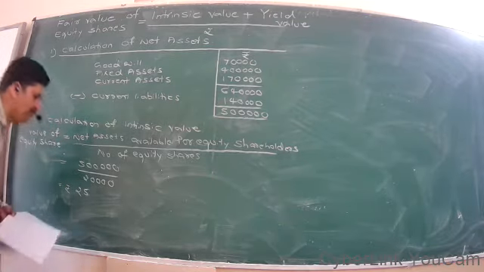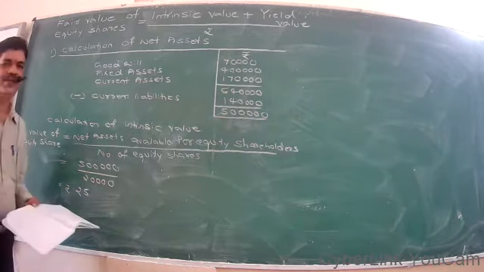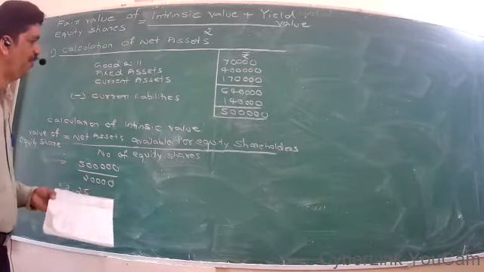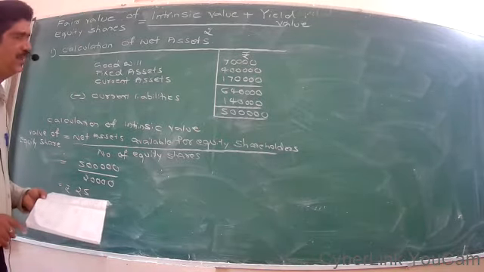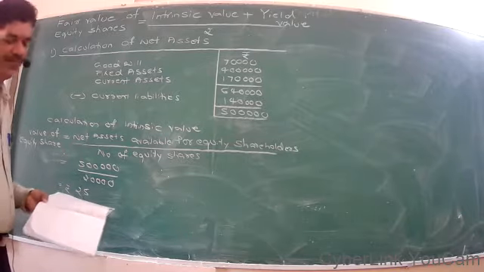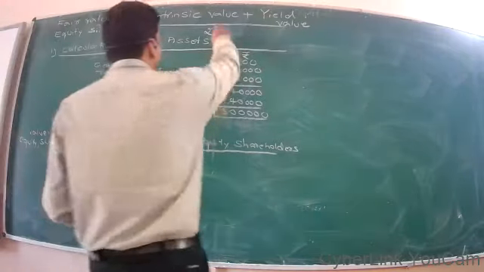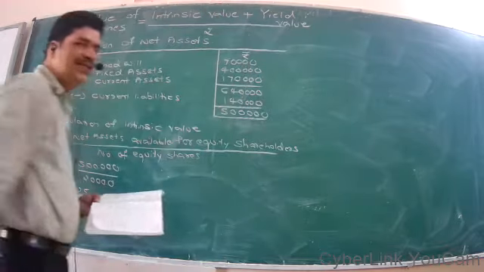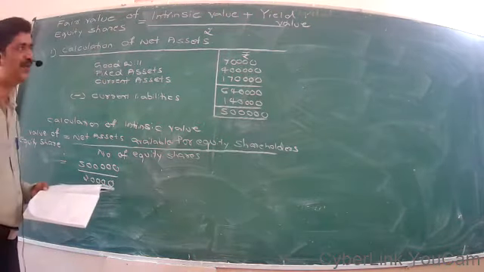Rupees 25 per share is the value of the equity share as per the net asset method or intrinsic value method. So the first element of this formula, the intrinsic value, we have calculated.